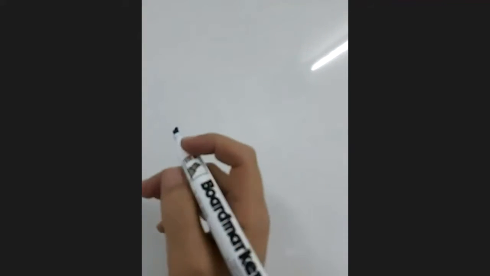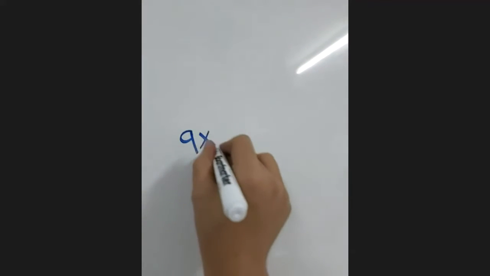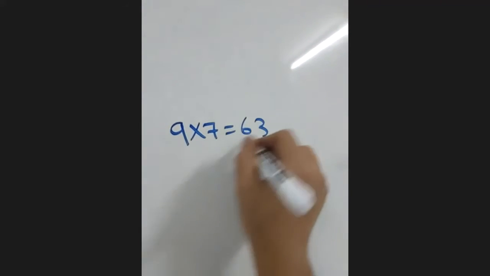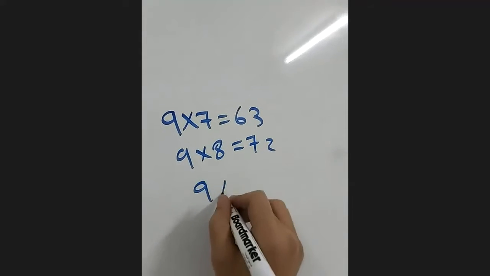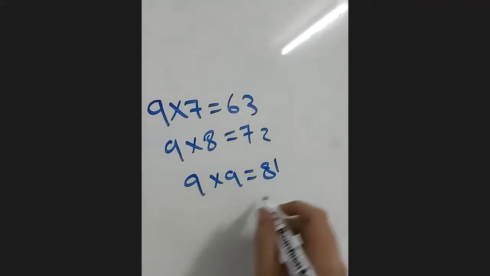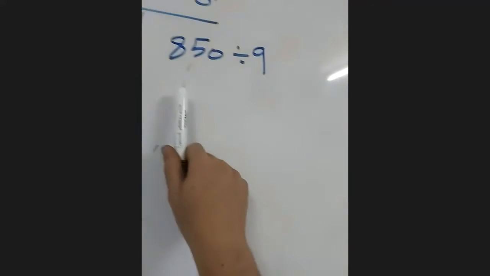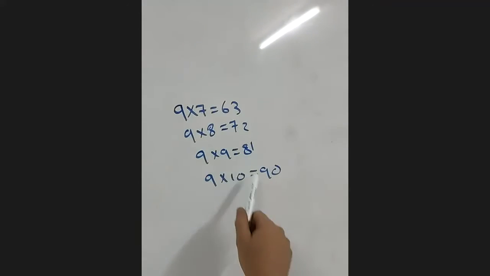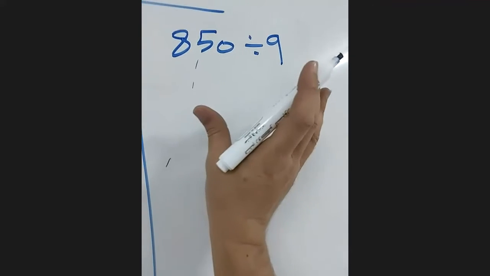If you remember, or if you know, and you should know, the times table of 9: 9 times 7 is 63. 9 times 8 is 72. 9 times 9 is 81. 9 times 10 is 90. There is no 85 here, right? There is no 85, so we cannot use division patterns in this case.